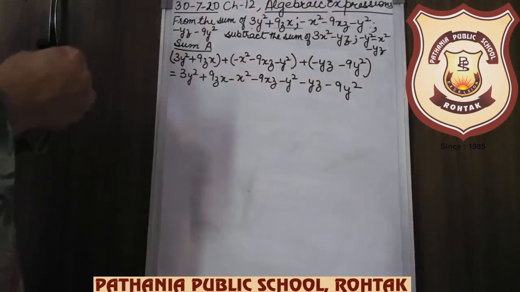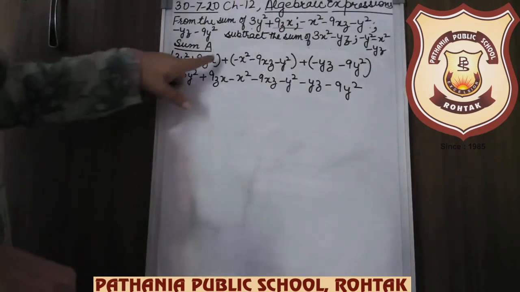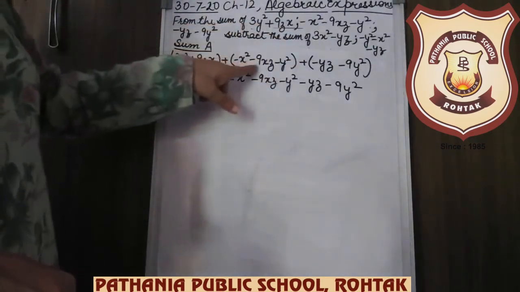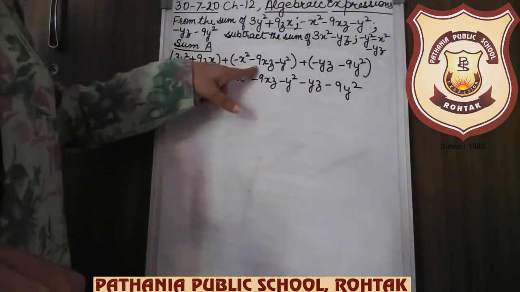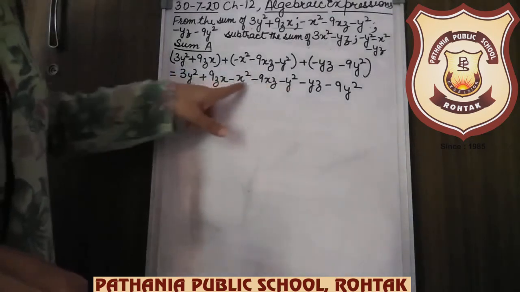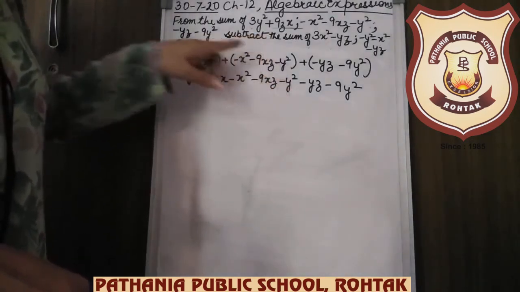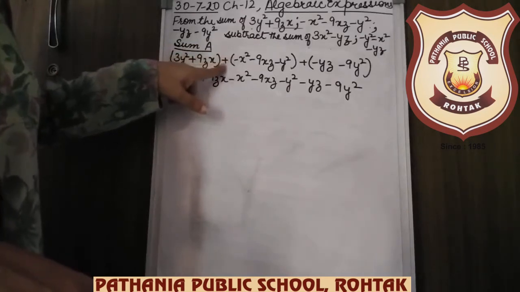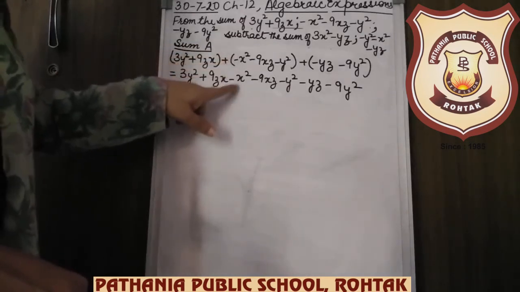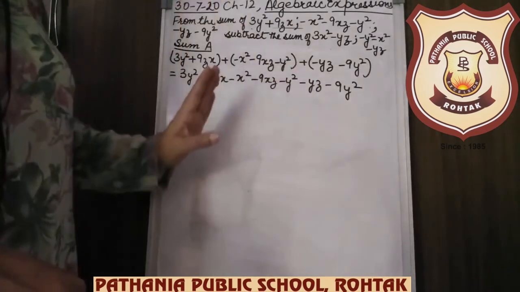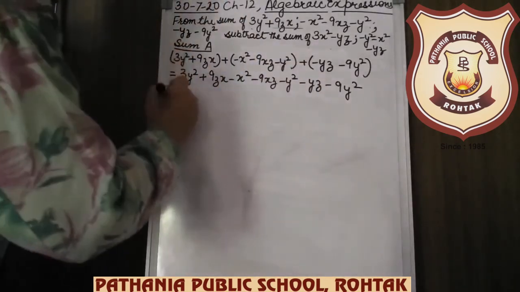Now what I told you, when there is sign of addition, no sign of the expression which is written in the bracket will change. So I have not changed any sign. So whenever there is a direct sign of addition before the bracket, just write simply the whole expression as it is. Now collect the like terms.